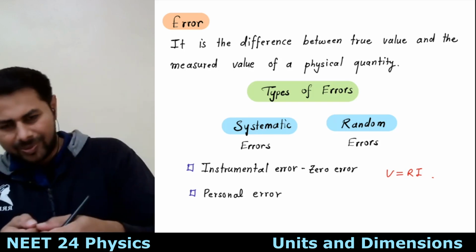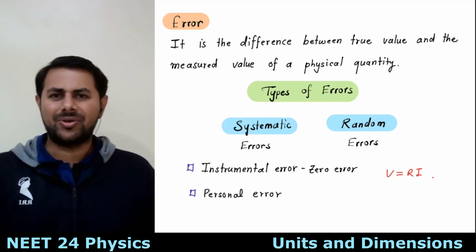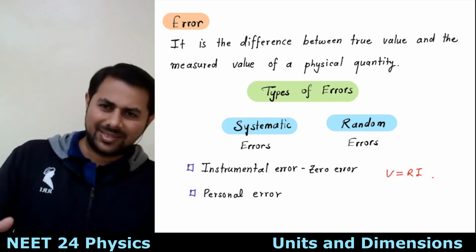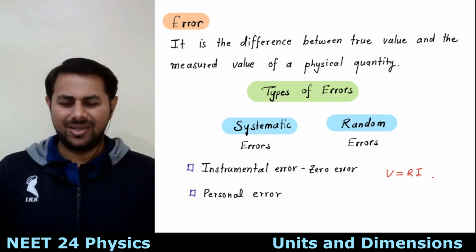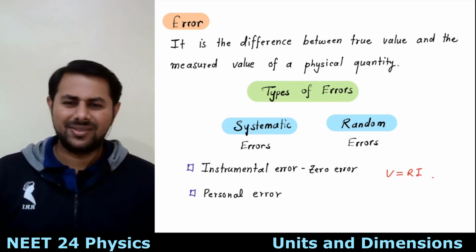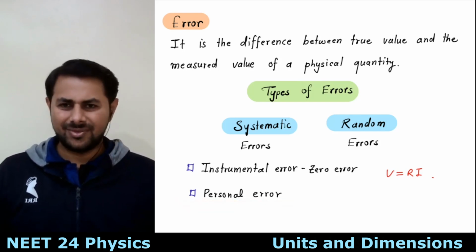So for people who are seeing from the left side, the reading will be a little bit more. For people who are seeing from the right hand side, the reading will be a little bit less. You have to see at right angles. So this is an example of personal error, right?